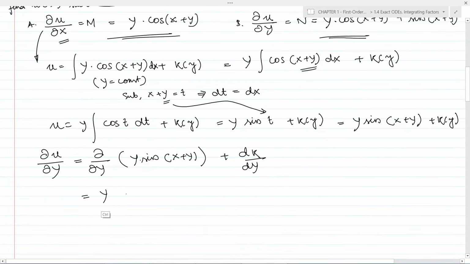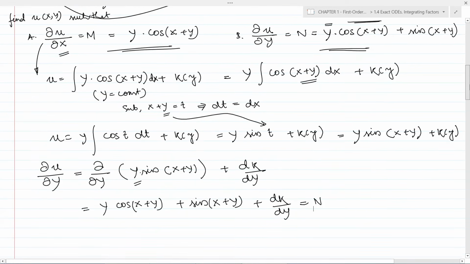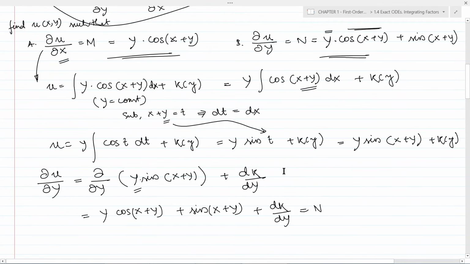We write y cos(x+y) plus sin(x+y) multiplied by the derivative of y, which is 1, plus dk by dy. So, we found the value of del u by del y, and we know this is equal to N from here. So, we can now write the value of N here.